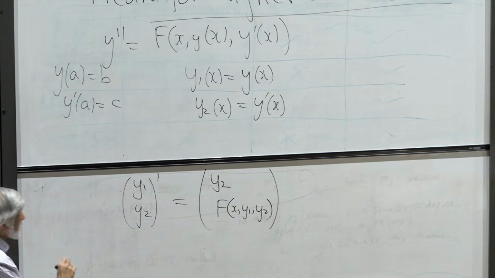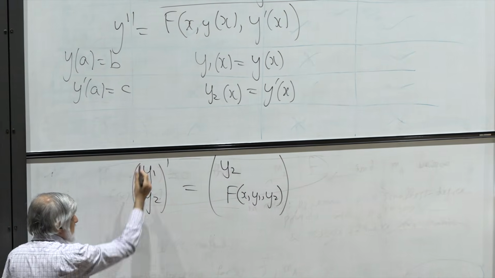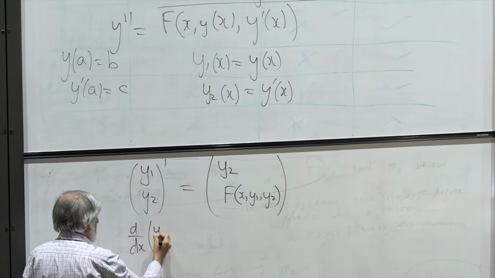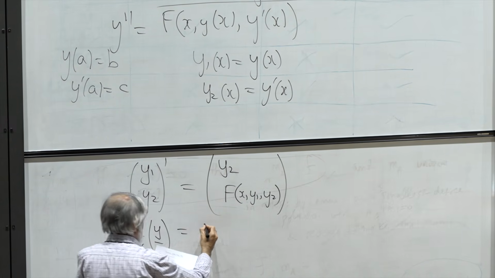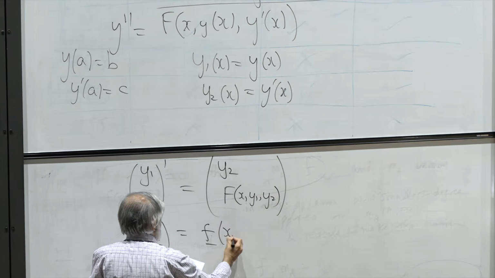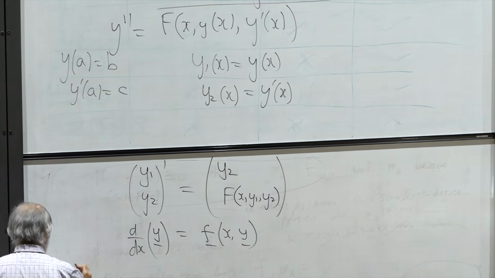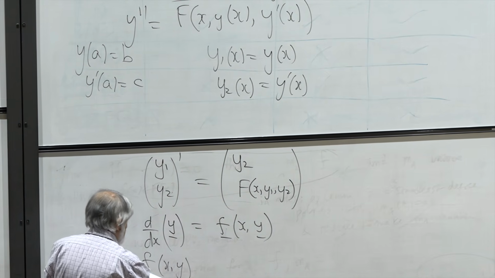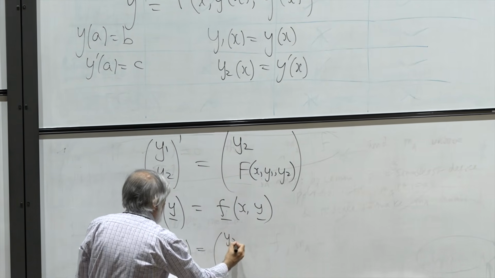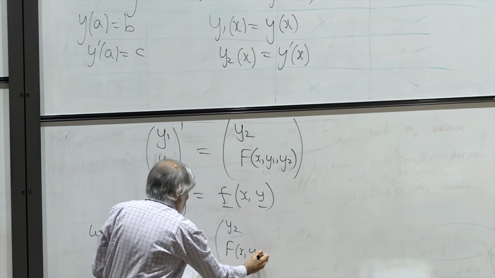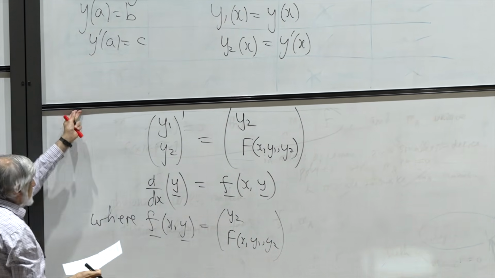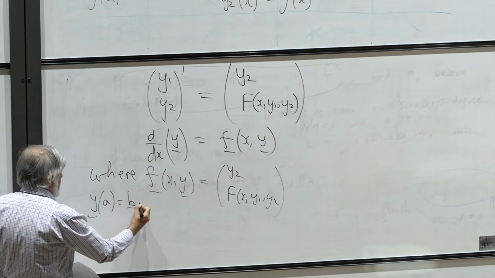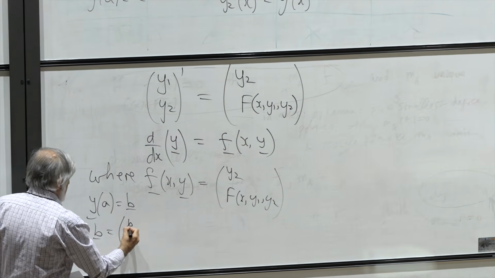So we can just write it like that, and so that becomes our system. So here, abusing notation, sorry about that, where the F of x, y is just y2 and f. Okay, and then the initial condition is just y of a is equal to b, where b is (b, c).